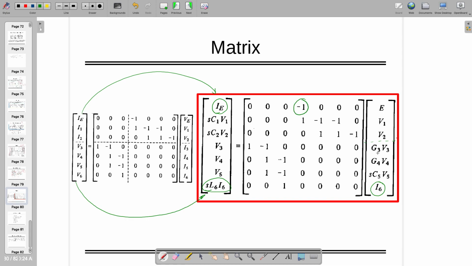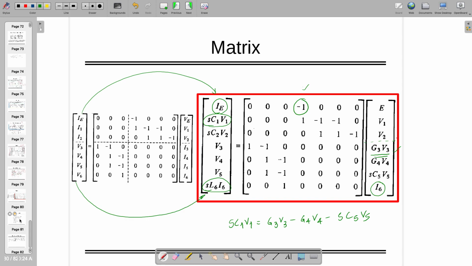So IE is equal to nothing but minus G3 V3. Can you see this? IE is equal to minus G3 V3. Fourth entry we need to see, right? Similarly, SC1 V1 is equal to G3 V3 minus G4 V4 minus SC5 V5, right?